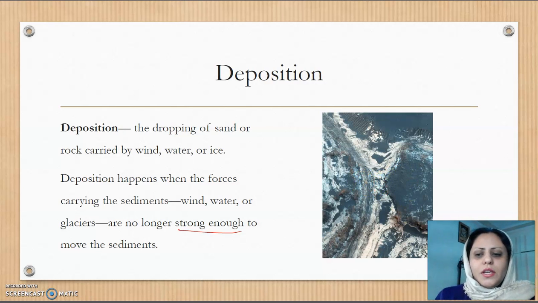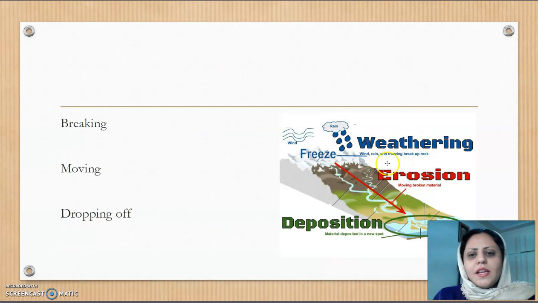So just to make sure that you understand the process, we have a picture here. I want to explain it using this picture. First, we have weathering, by freezing water, for example ice wedging, which is one of the agents of weathering.